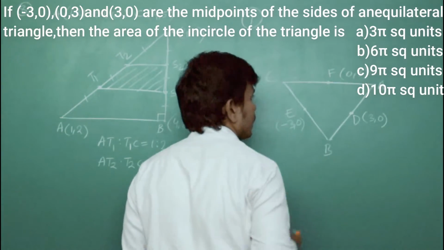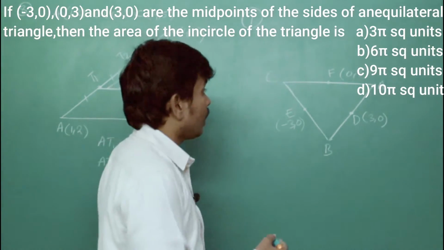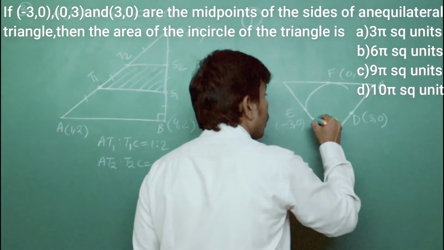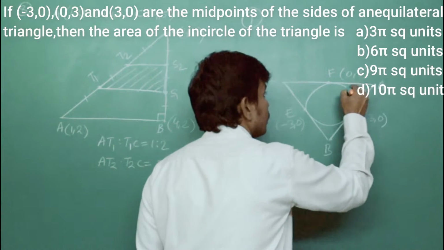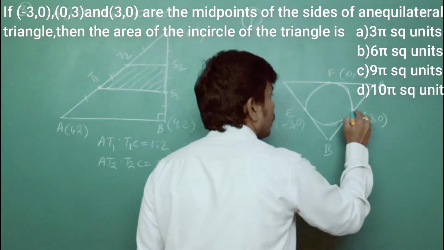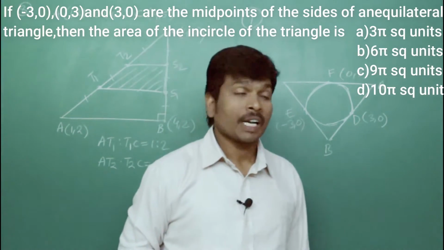These are the midpoints of an equilateral triangle. Now we have to find the area of the incircle of triangle ABC.